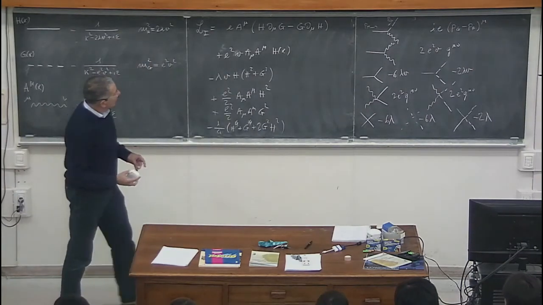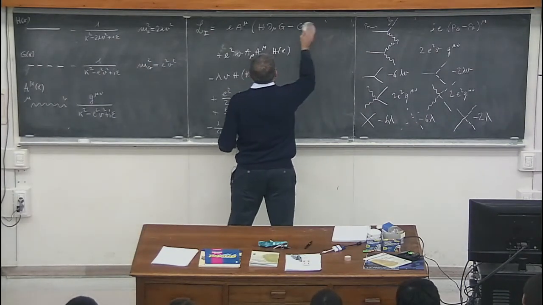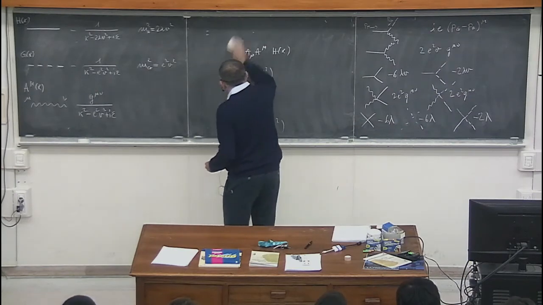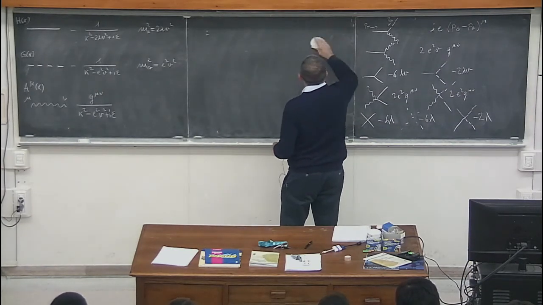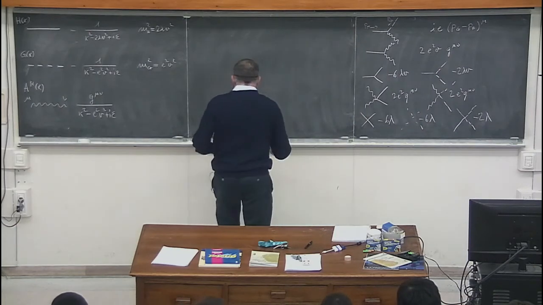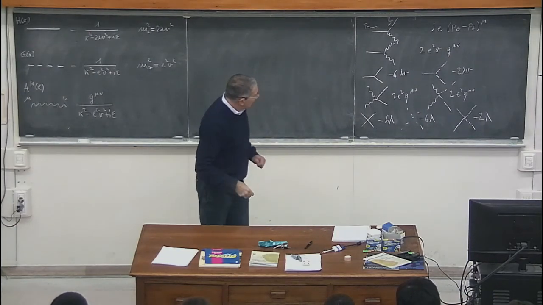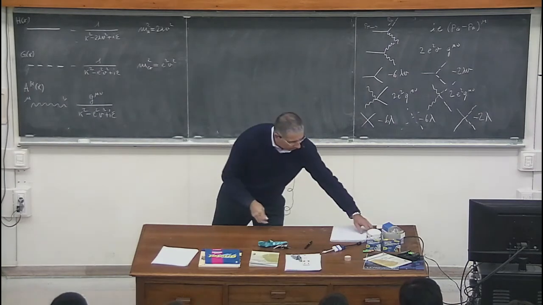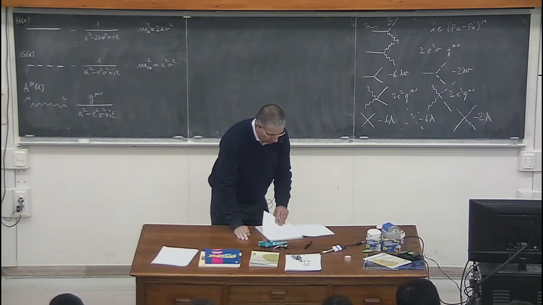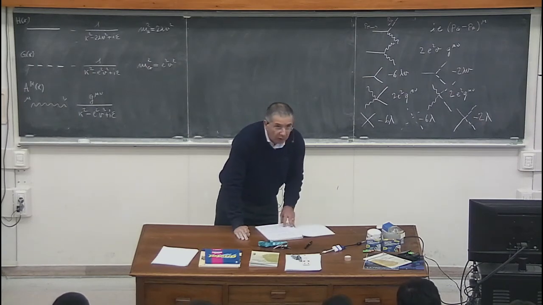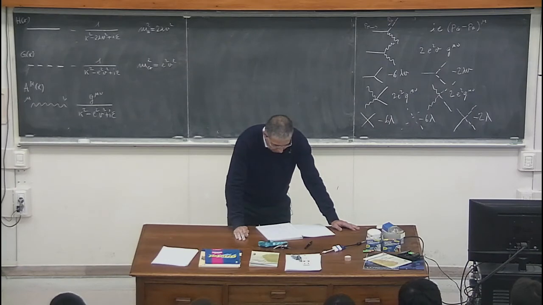So this is the complete set of Feynman rules for the scalar QED model, for the abelian Higgs model, which is how it is usually called, in the 't Hooft-Feynman gauge. Well, there is an observation which we will reserve for the discussion session.